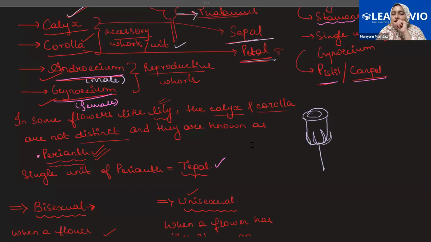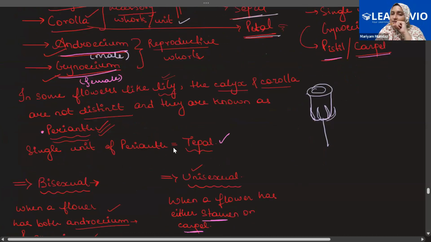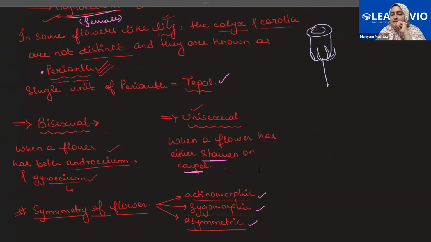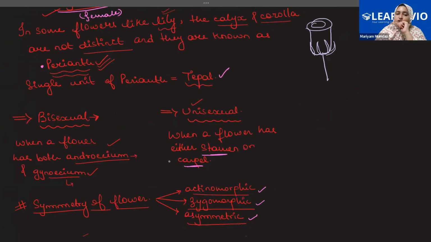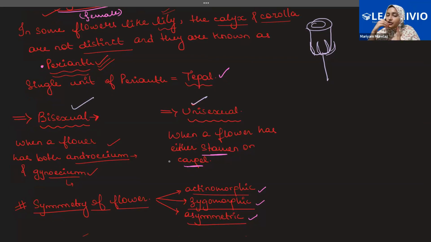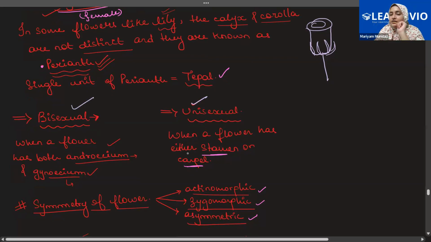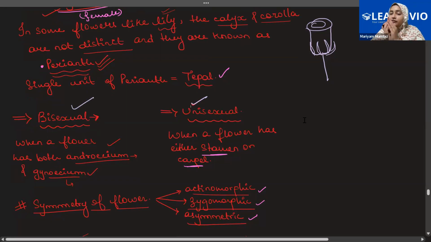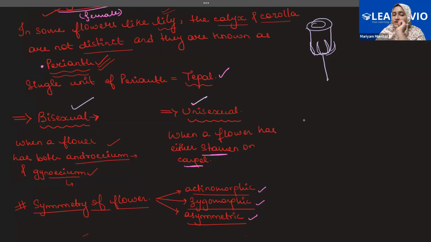Now, talking about the sexuality of a flower. Just like animals have sexuality, flowers also have sexuality. In terms of sexuality, the flower can be bisexual or unisexual. When a flower has androecium and gynoecium in the same flower, meaning the male and female reproductive parts are present in one flower, we call it a bisexual flower.